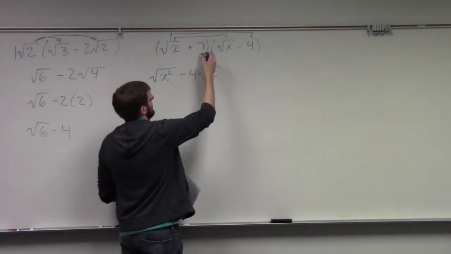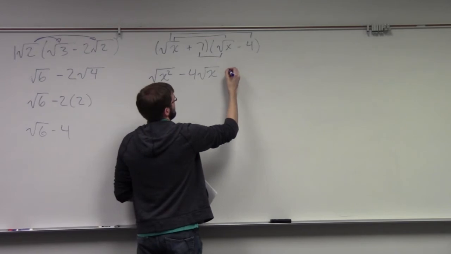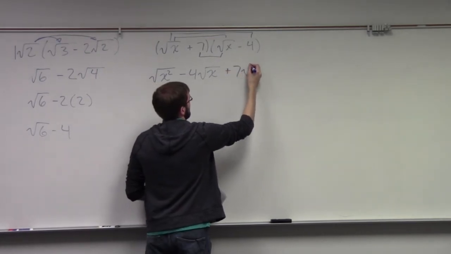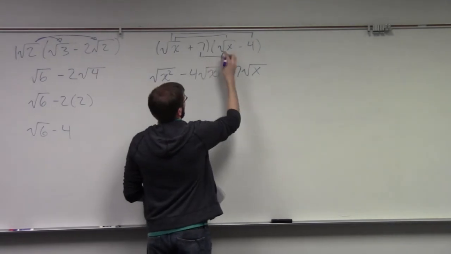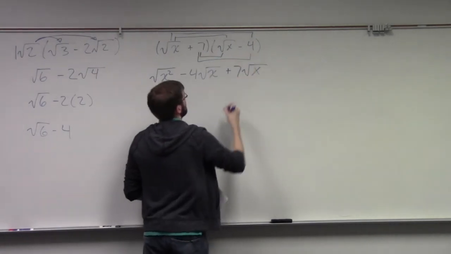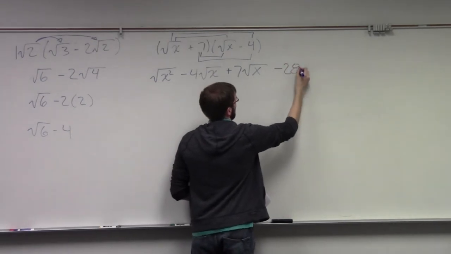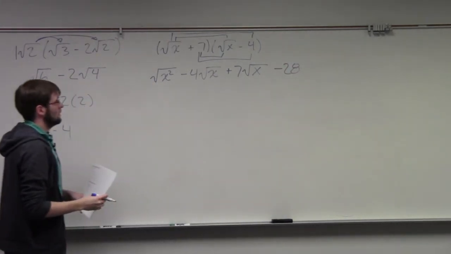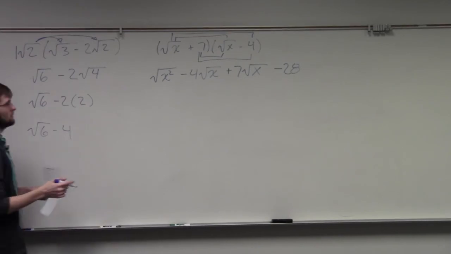Then we do the inside. So 7 times square root of x is just plus 7 square root of x. And then do the outside, 7 times negative 4. Okay. So we're going to simplify and combine like terms.